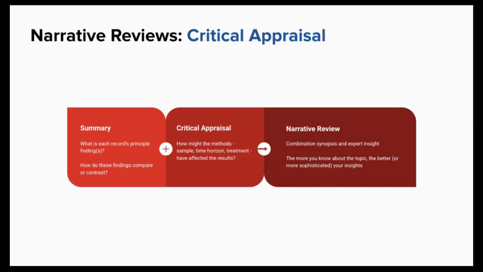And you can start to conjecture, well, how might the methods, for instance, knowing not all research is executed exactly how you want it to, how might some of the methods in the papers that I've been reviewing have affected the outcomes that those researchers found? Did those researchers run their trial as long as they did? Oh, no, they didn't. I can see they wanted to do a 10-month trial, but they only did a 5-month trial. Maybe that's why their outcome is different from these other researchers who did a year-long trial.